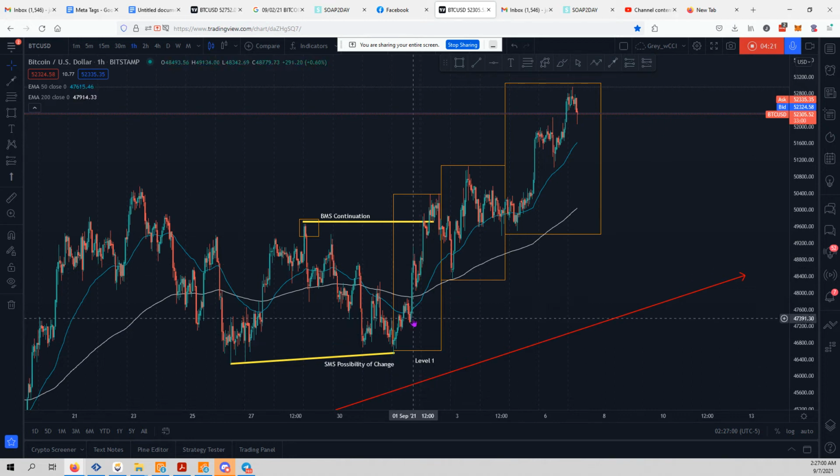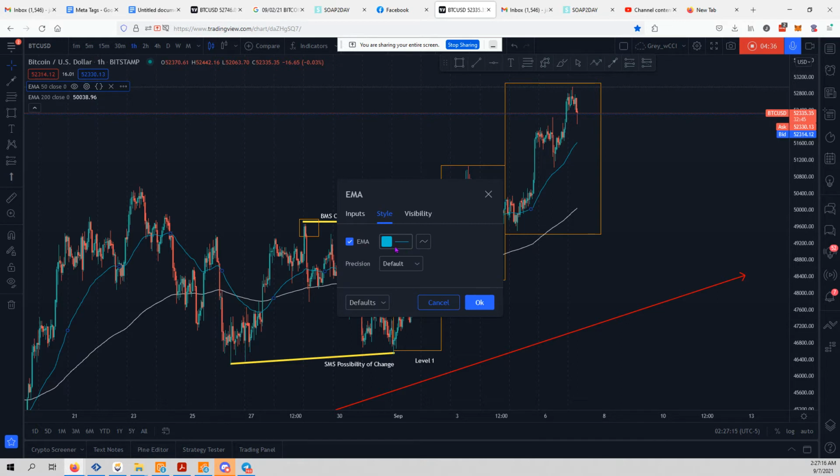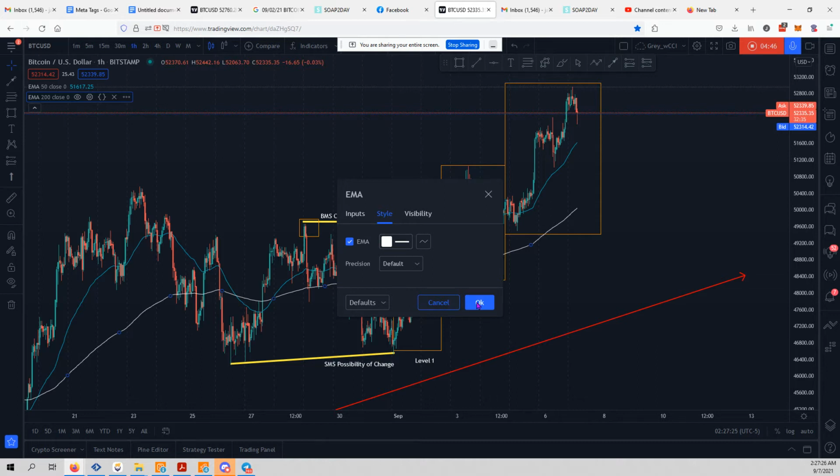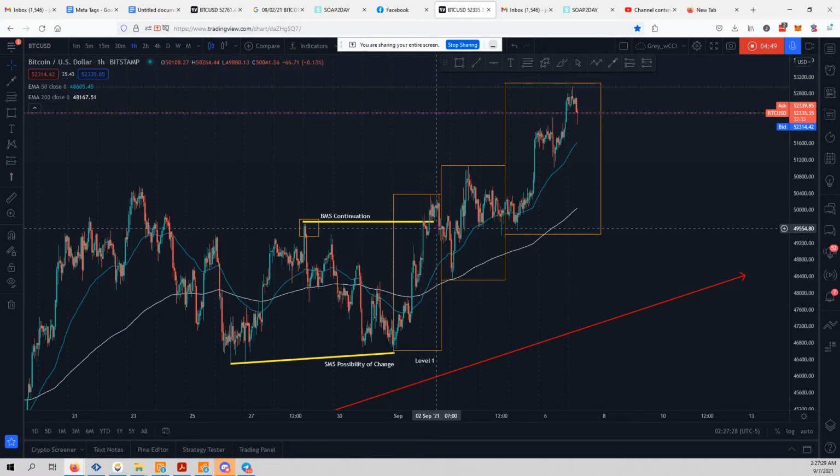So level one is an indication of level one through observation of crossover of the EMAs. This baby blue 50 EMA line, and that's it right here, the 50. And the white line is the 200 right here, EMA 200. So that crossover tells me that we have a level one.